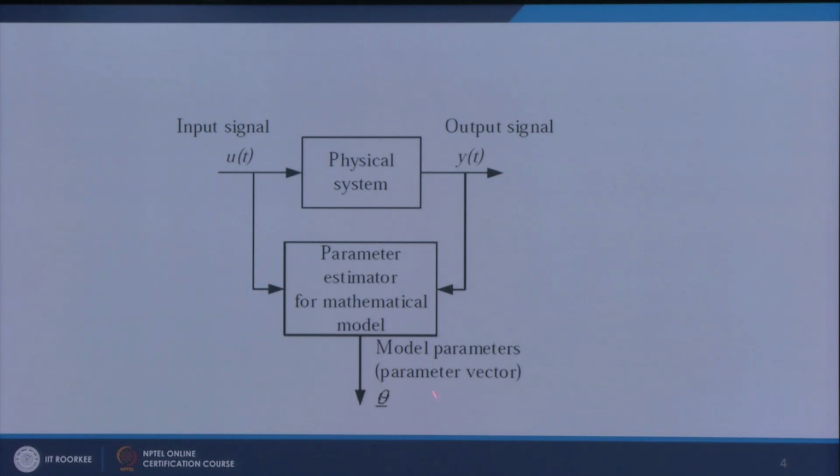And from here we can find the model parameters, that is, the parameter vector can be identified. This is what we are going to see in this lecture: how we can identify the model parameters through this estimator by giving the input and output signal.